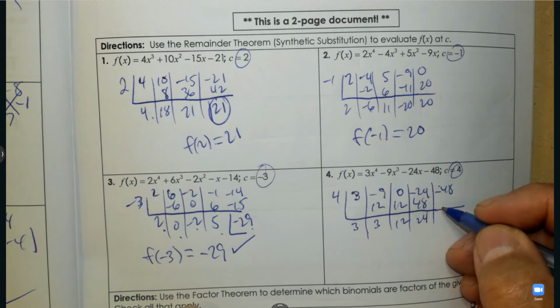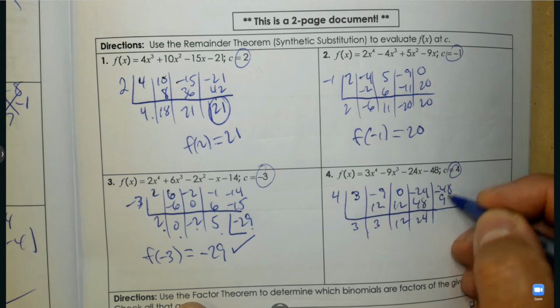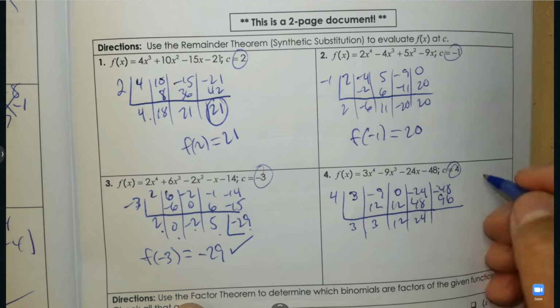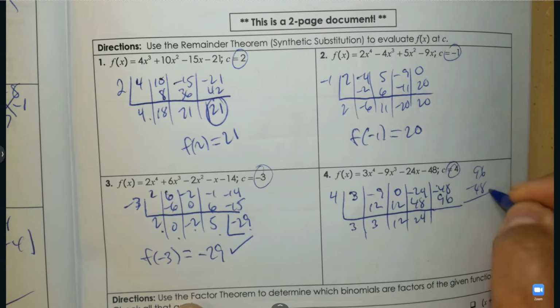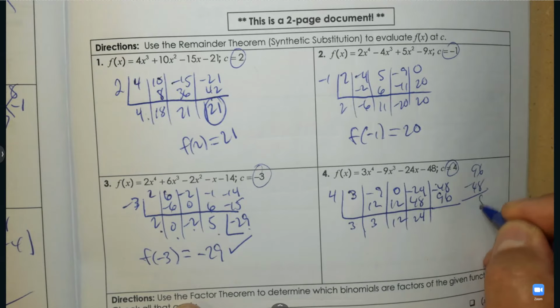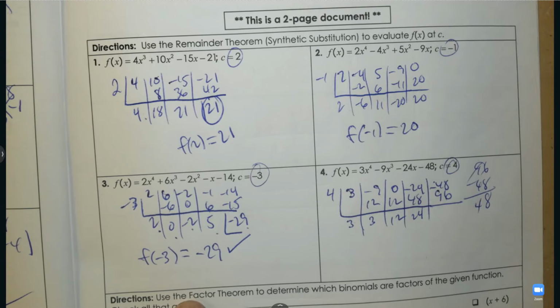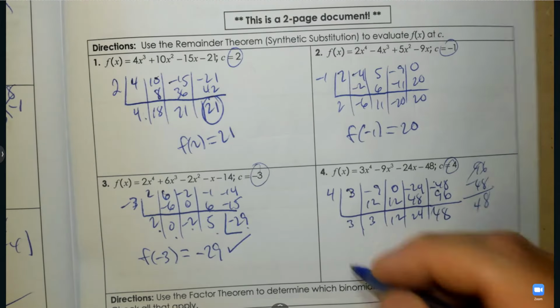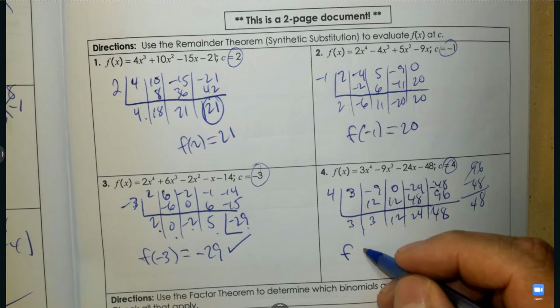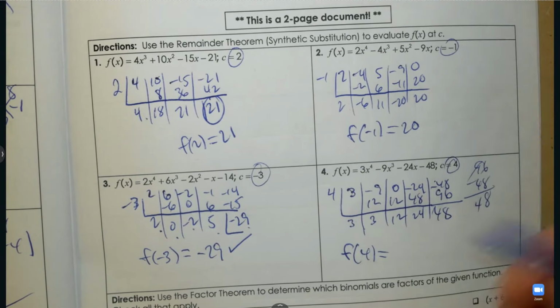And then 80 and 90, I think that's 96. And so 96 take away 48, can I do it? Is that 48? Looks good. So if you evaluate at 4, the answer is 48.